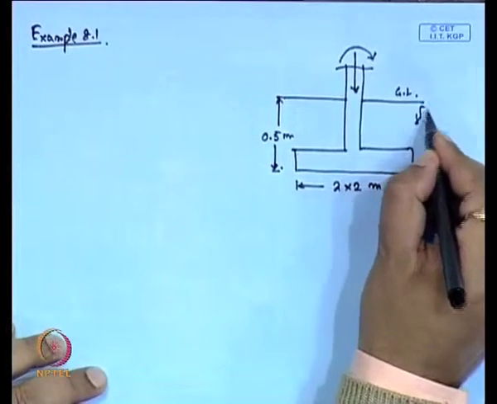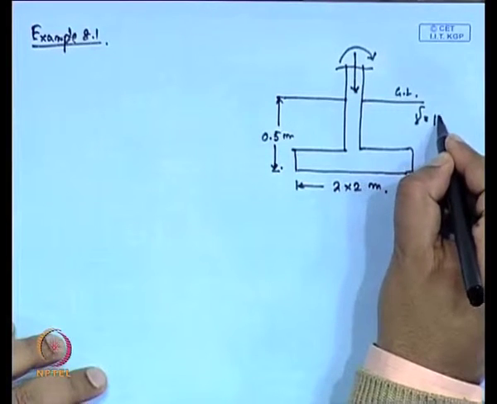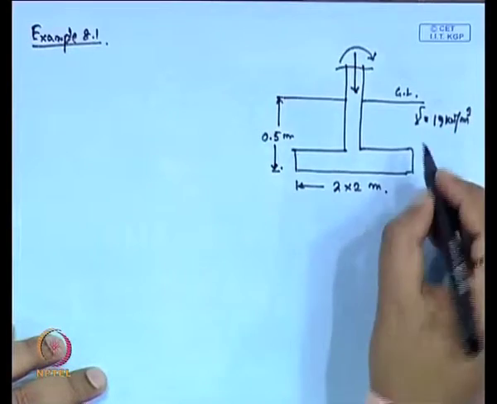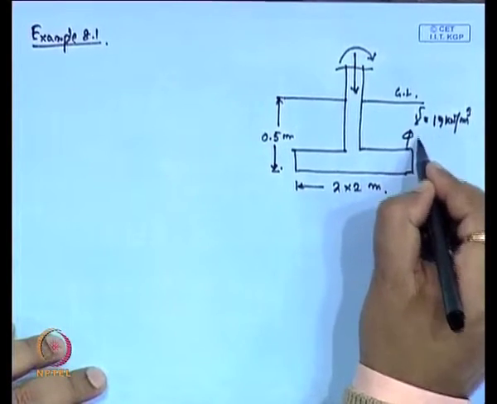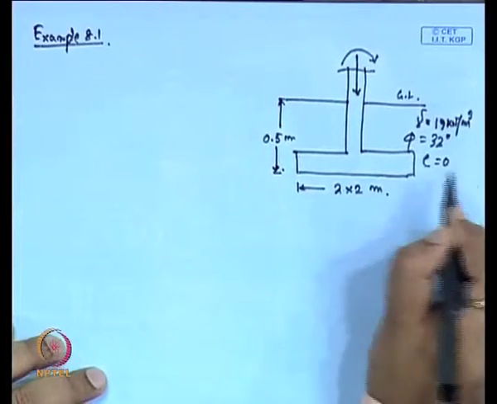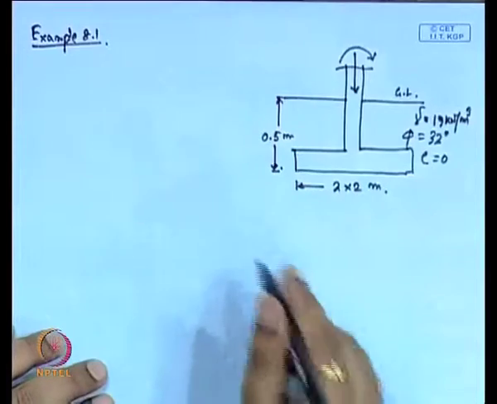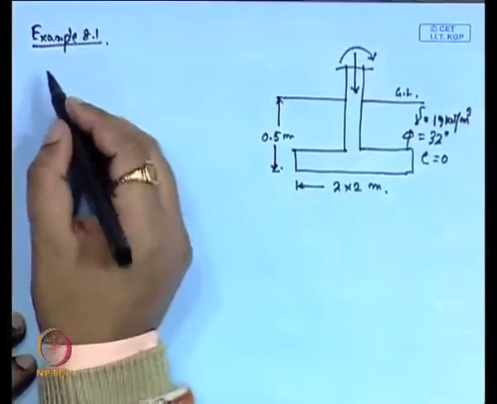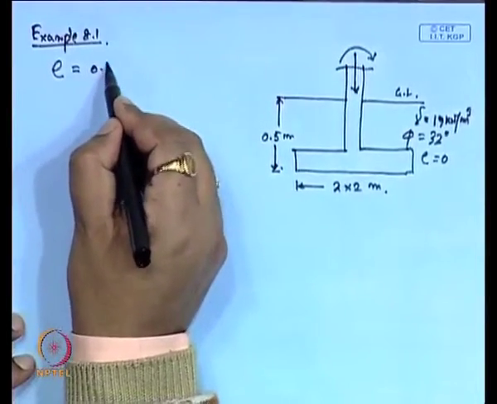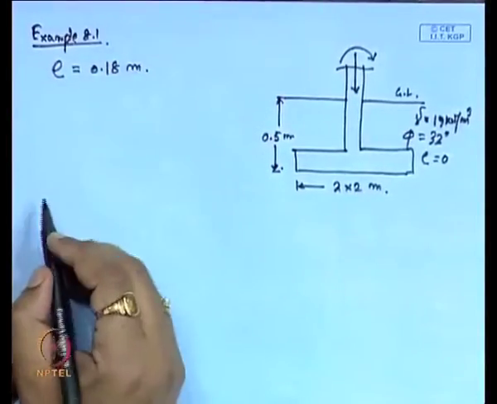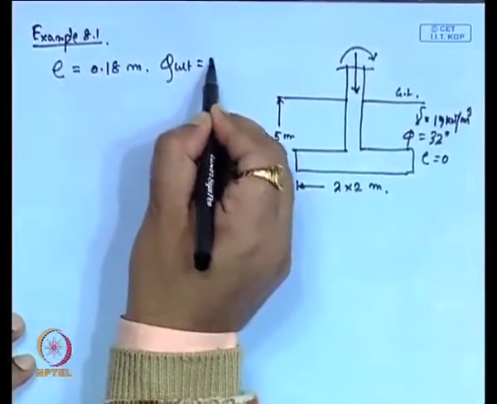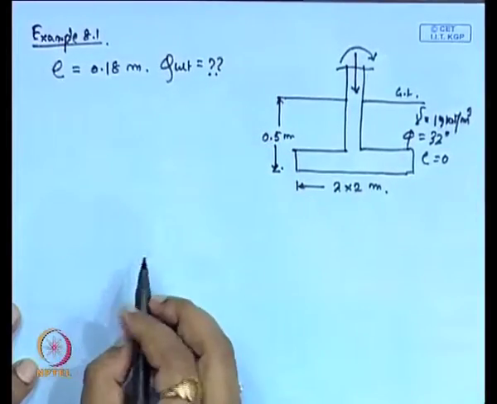The density is 19 kilonewton per meter cube, phi value is 32 degree and C value is 0. For one-way eccentricity, the e value is directly given as 0.18 meter. We have to determine the ultimate load Q of this foundation, that is the problem.